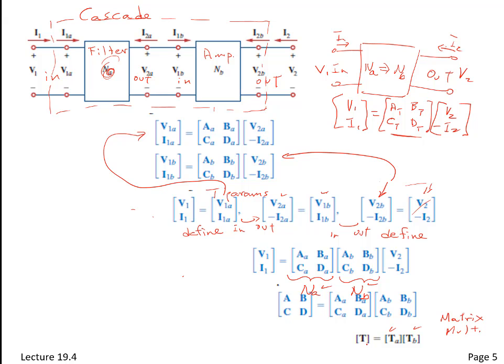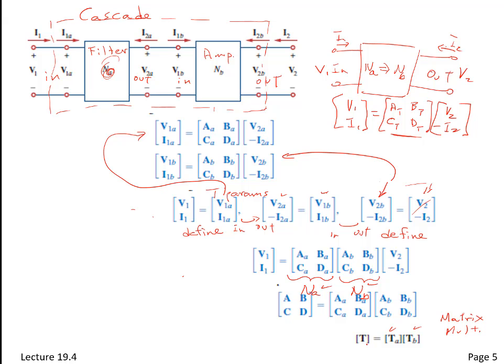All right? And the other variations, again, as a reminder, for the series and the parallel: if I treat the series impedance parameters like series impedance, I get a new matrix of the combined network.